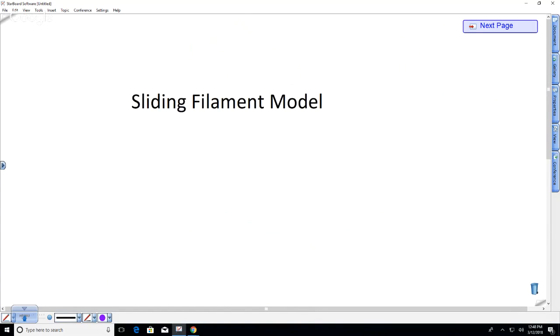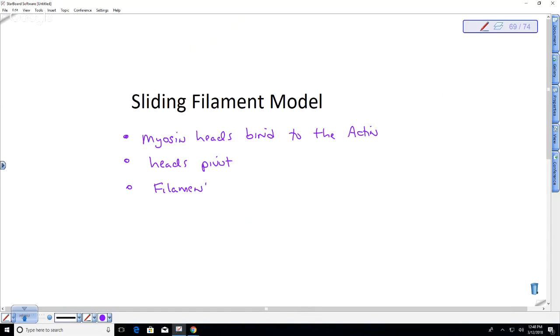Okay. So let's look more at this sliding filament model. With the sliding filament model, the myosin heads bind to the actin. The heads pivot. The filaments slide towards each other, and the sarcomere shortens.